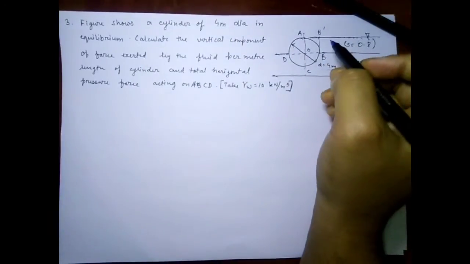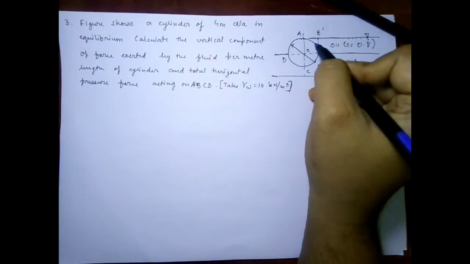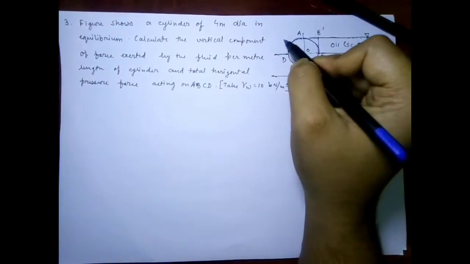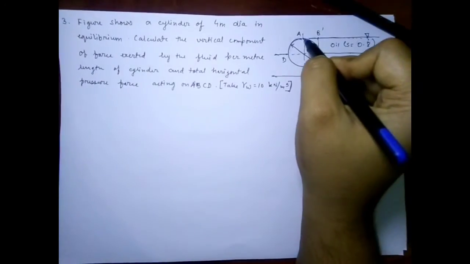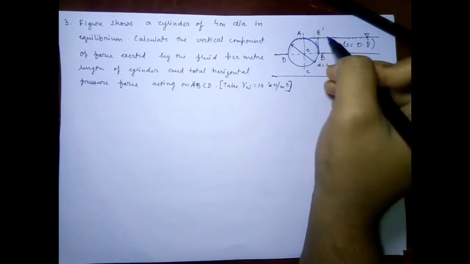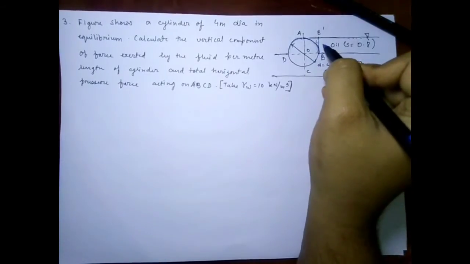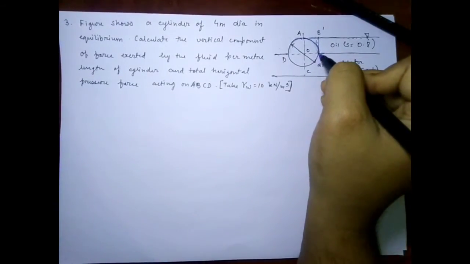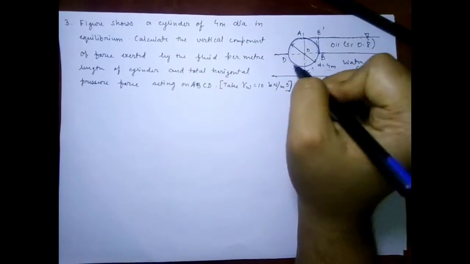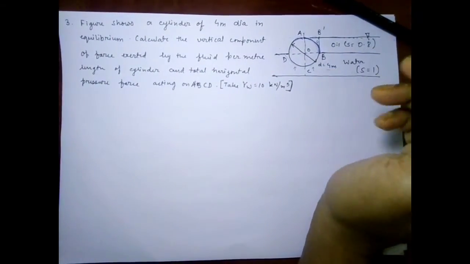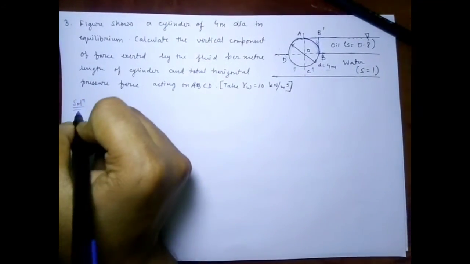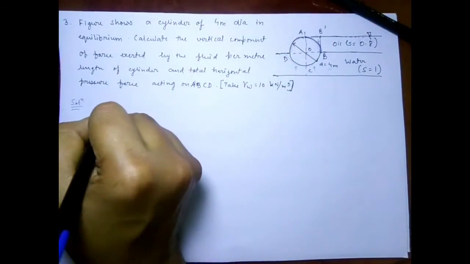We can see that there will be no force actually acting on AD because no fluid is around here. On AB, a downward force will be acting because of the oil present over here. In the parts BC and CD, an upward force will be acting because of the water present over here.